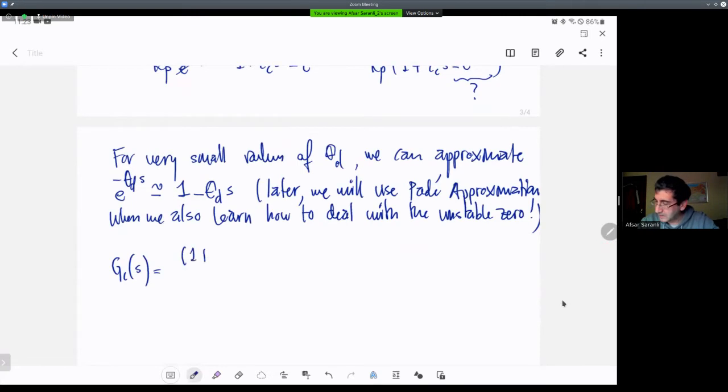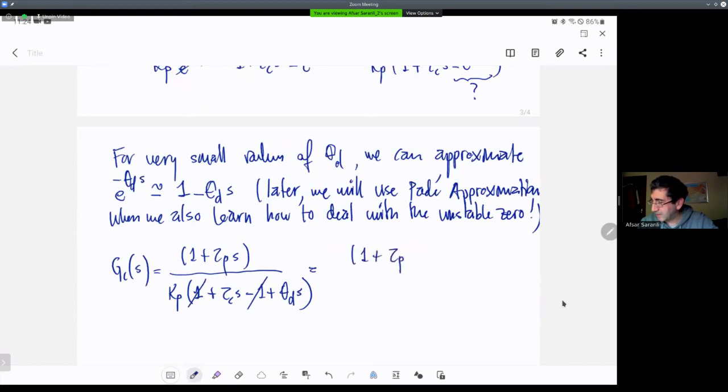1 plus tau p s over Kp. Now I have 1 plus tau c s minus 1 plus theta d s. So these constant terms cancel out, so you get 1 plus tau p s over Kp times tau c plus theta d s.